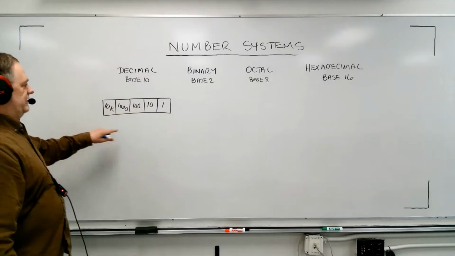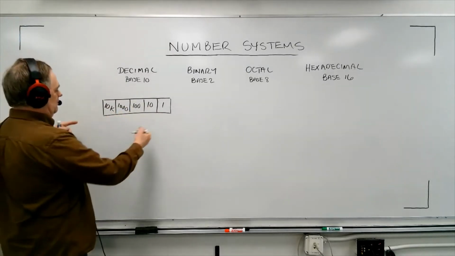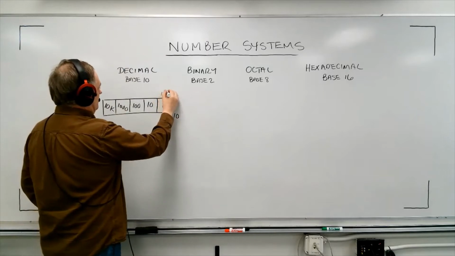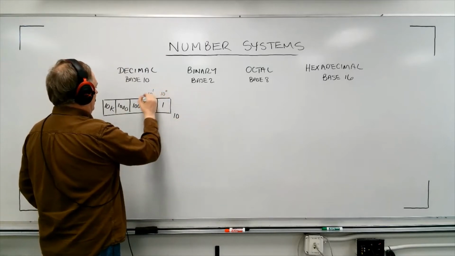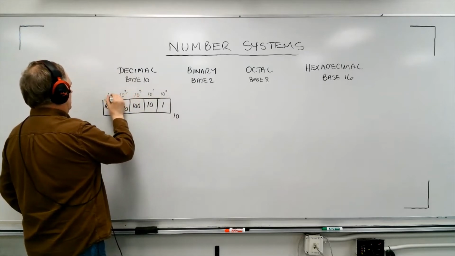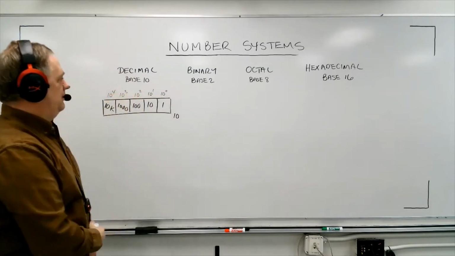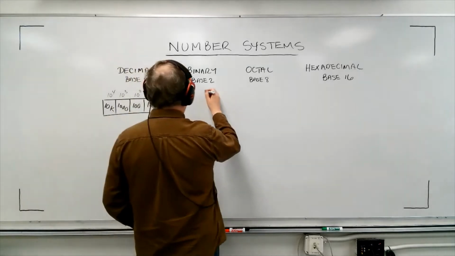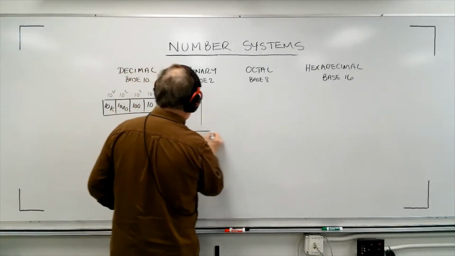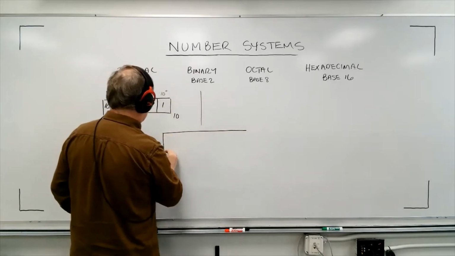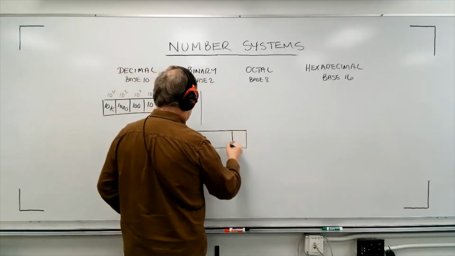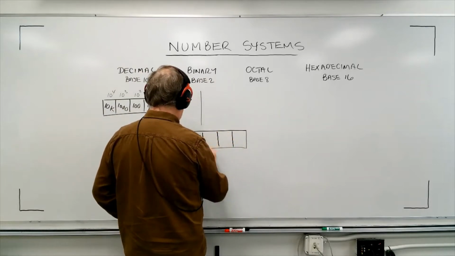Okay, so those are the values that we would get by taking 10, and this would be 10 to the 0, 10 to the 1, 10 to the 2, 10 to the 3, 10 to the 4. Okay, so let's go over then to this base number. I'm going to put this box down here. And let's go ahead and work our way through this.